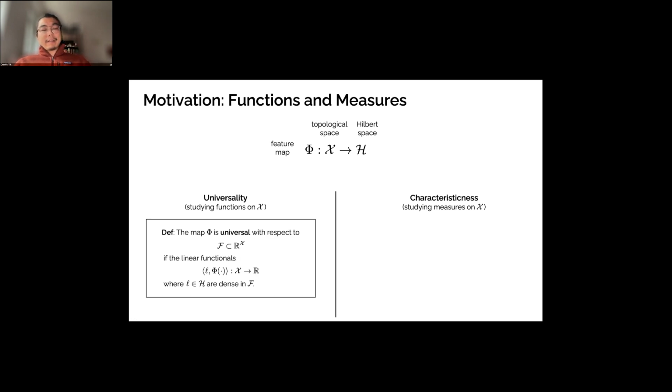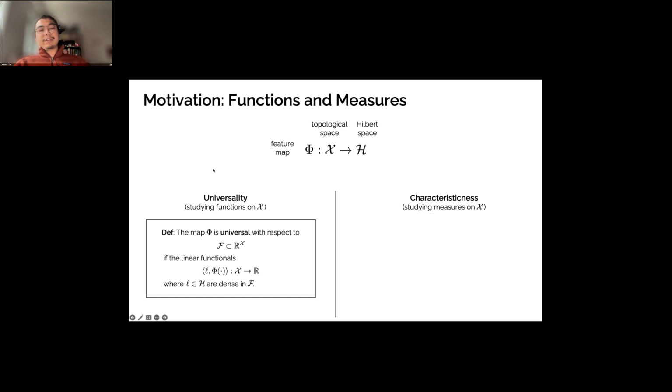Now, the map phi is said to be universal with respect to some function class F. So for instance, you can think of F as the space of continuous functions from X into R. So we say that this feature map phi is universal with respect to F if the linear functionals on the Hilbert space, viewed as functions from X into R, are dense in this function class.